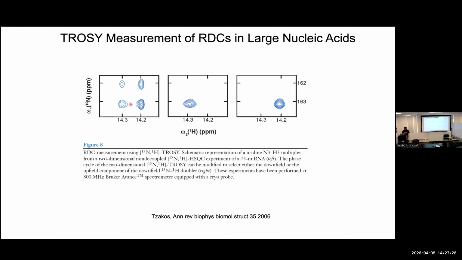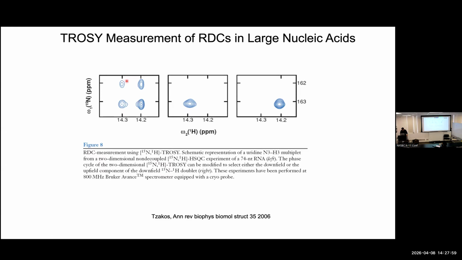So from the proton's perspective, there's no difference between the TROSY and anti-TROSY component. Therefore, you select the TROSY benefits from the nitrogen's perspective, and then you split it in the proton direction. There is a small effect, because protons do have a finite CSA, but it's much smaller. So you leverage the TROSY effect in the nitrogen dimension, and then you read out the splitting.